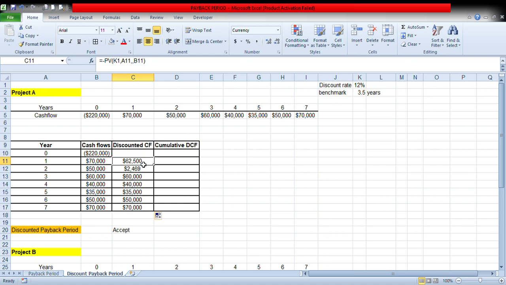There is one thing I just missed: lock the discount rate with F4, and then you will get the total. Understand?